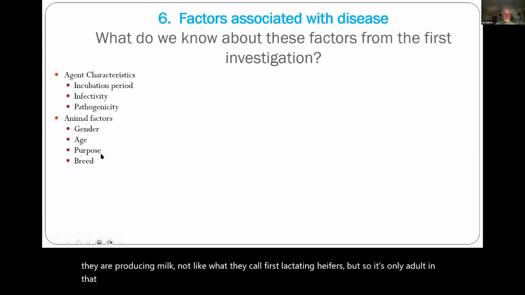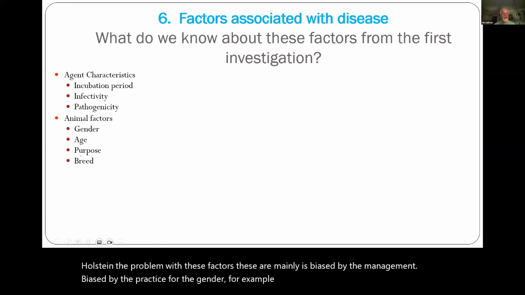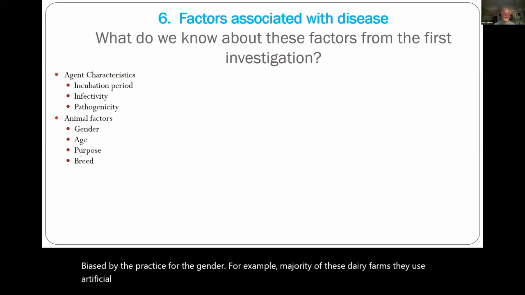The purpose here is milking, and the breed is mainly Holstein. The problem with these factors is that they are mainly biased by the management and the practice. For gender, for example, the majority of these dairy farms use artificial insemination, and therefore they don't have bulls to show if they are susceptible or not.